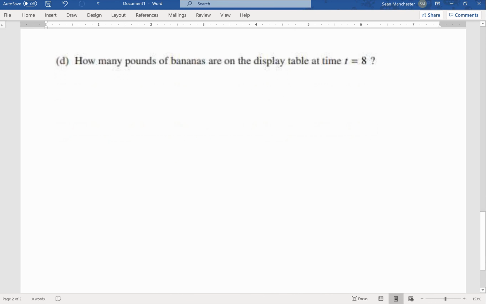How many pounds of banana are on the display table at time t equals 8? All right, let's think about this. The store opened with 50 pounds of bananas, right? In general here, we want to take the initial amount that we had, and we want to subtract the amount removed, right?